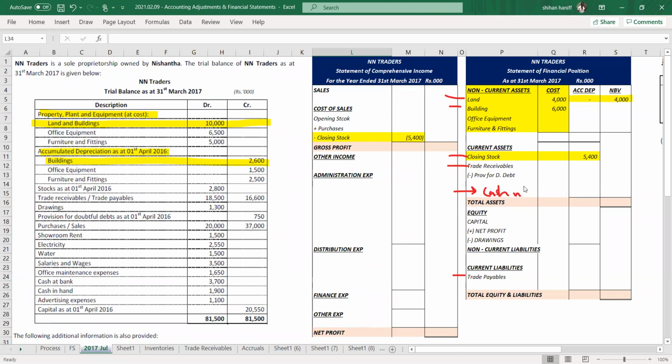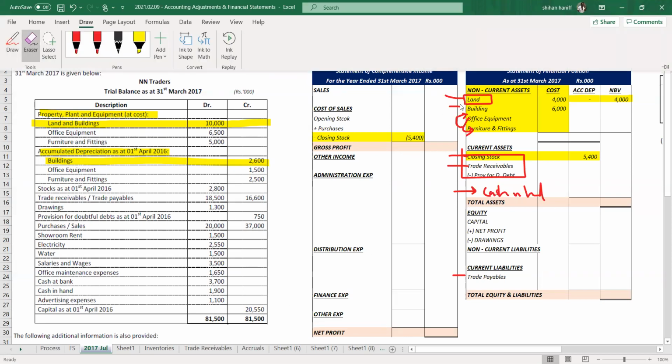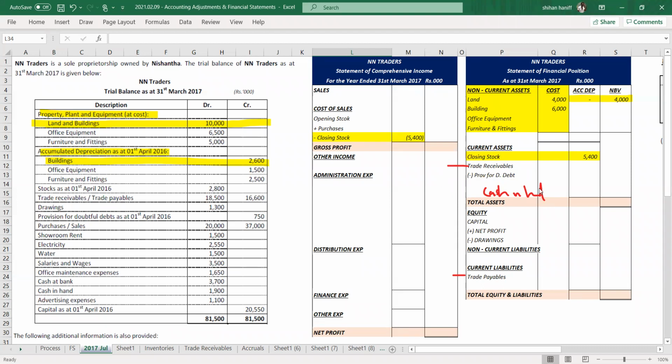Others can change, like office equipment and furniture. That doesn't matter. But on the top you should have land. So let me know if there are any other questions.